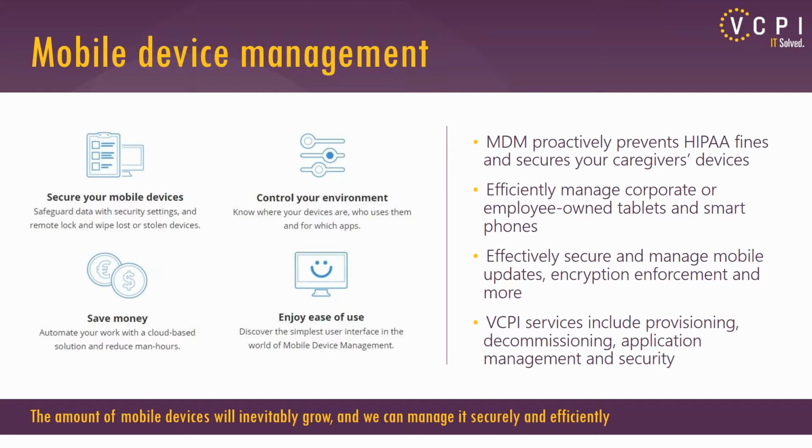As long as you can reasonably prove that there's a low probability that EPHI was read by an unauthorized source, then you do not need to report a breach to the government. And that's very, very significant.